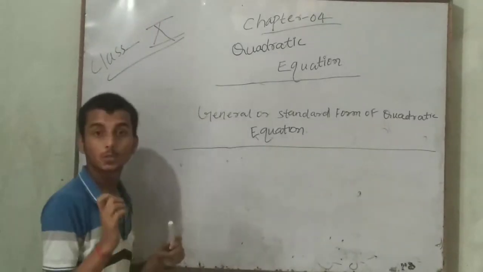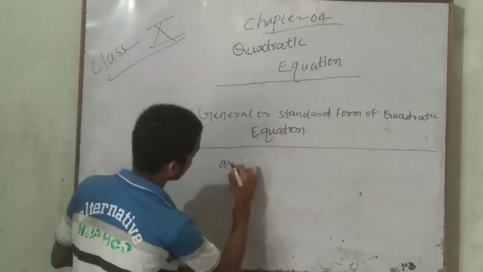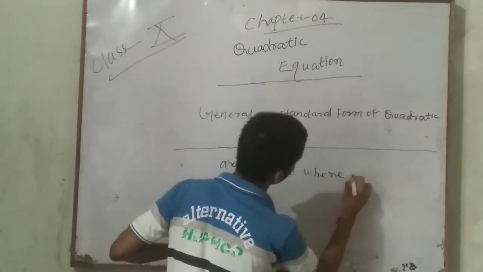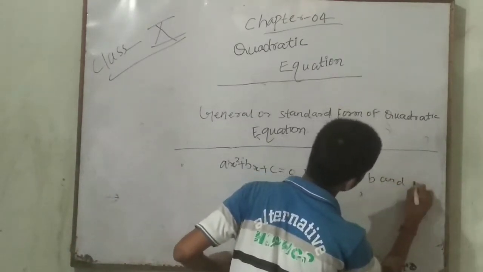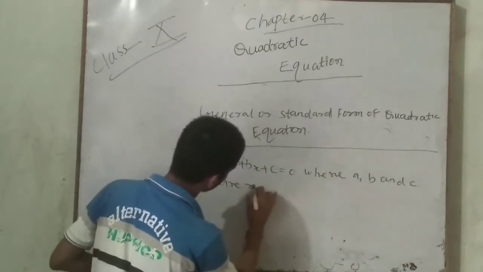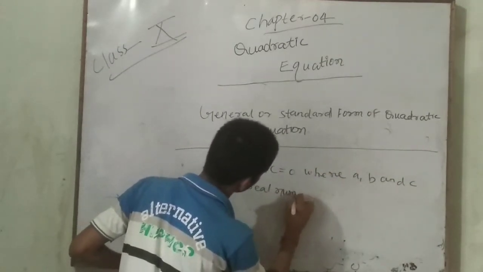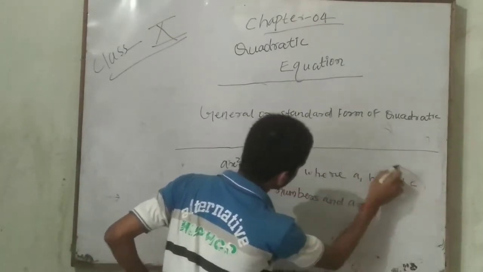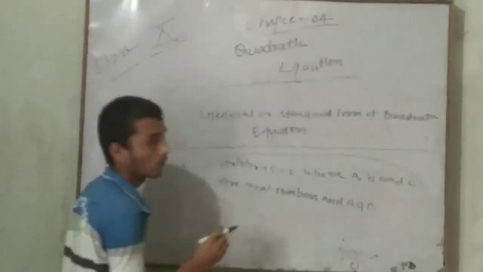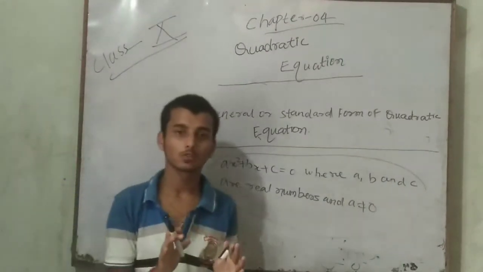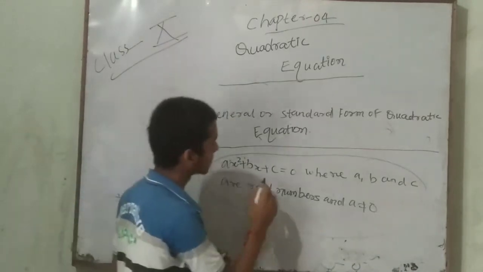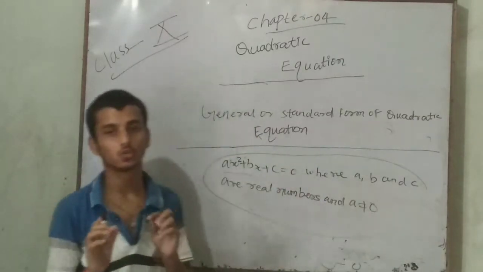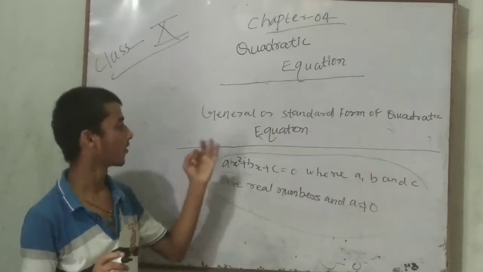That we have already seen in the definition, in the form of ax square plus bx plus c equal to 0, where a, b and c are real numbers and a not equal to 0. This is the standard or general form of a quadratic equation. Any quadratic equation which exists in the form of ax square plus bx plus c equal to 0, where a, b and c are real numbers and a should not be equal to 0, this is the standard or general form of a quadratic equation.